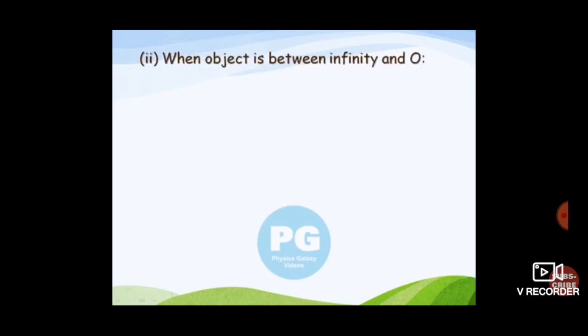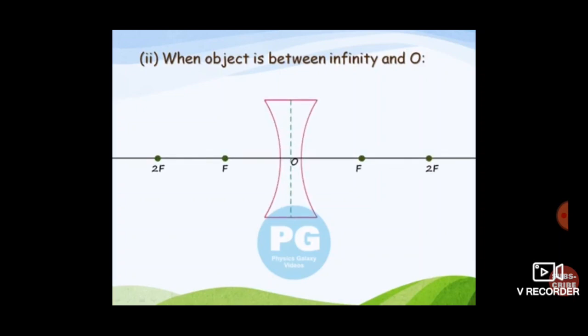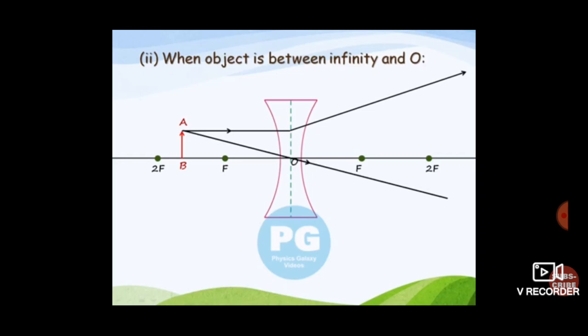Second case, when the object is placed between infinity and optical center. So here is our extended object AB. A ray of light from point A goes parallel to the principal axis, and it becomes diverging after refraction from the lens. The second ray of light, which goes through the optical center, passes undeviated after refraction.